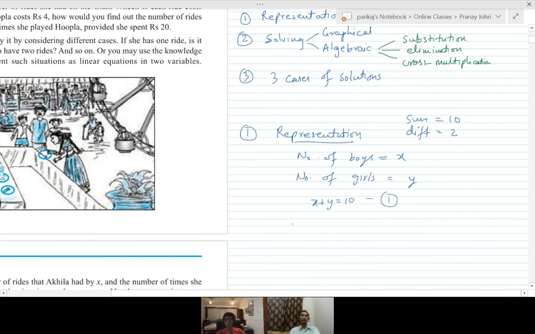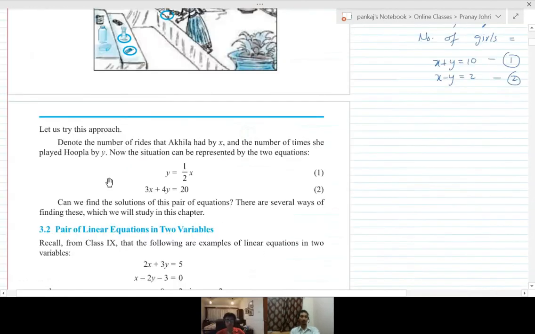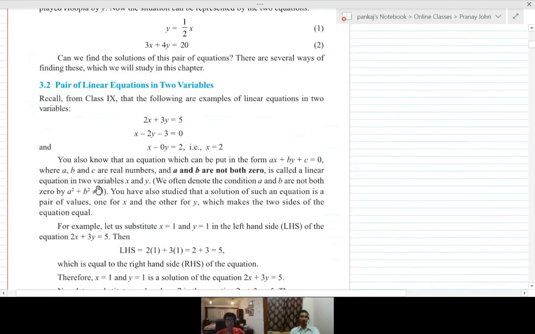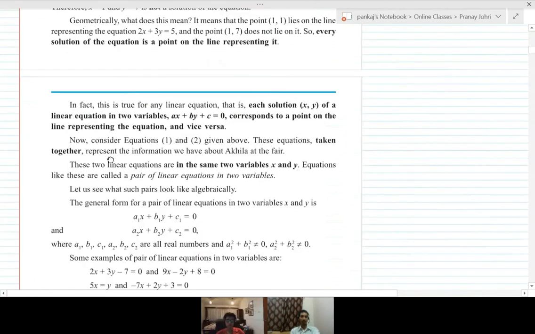Then x minus y is 2. This is the second equation. So this is our pair of linear equations in two variables. Now we'll do a few examples.